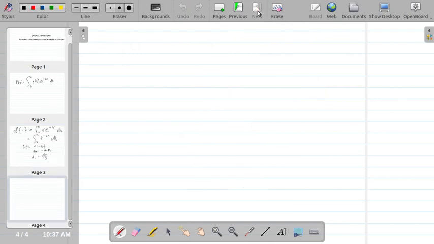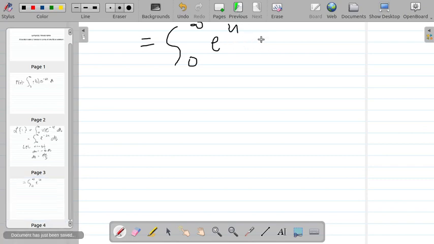So next, we can write this equation as the integral from 0 to infinity of e raised to u, then dt is just equal to du over negative s.